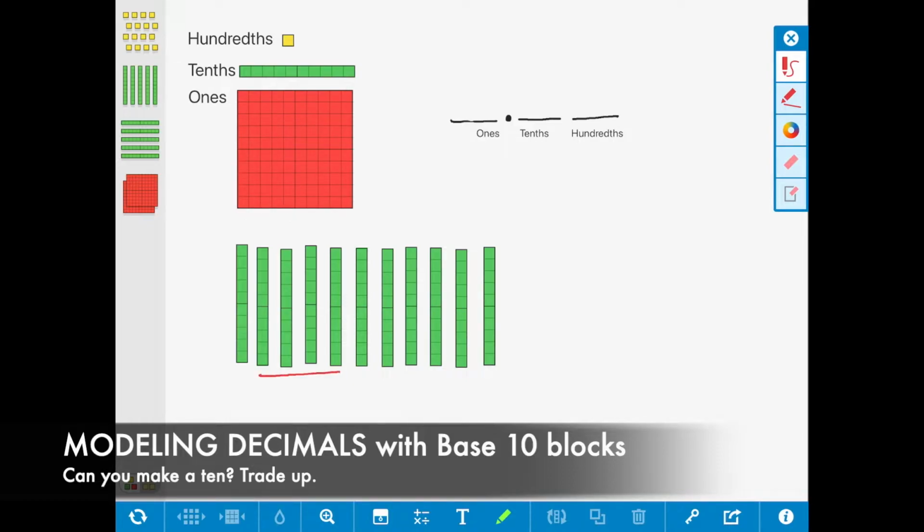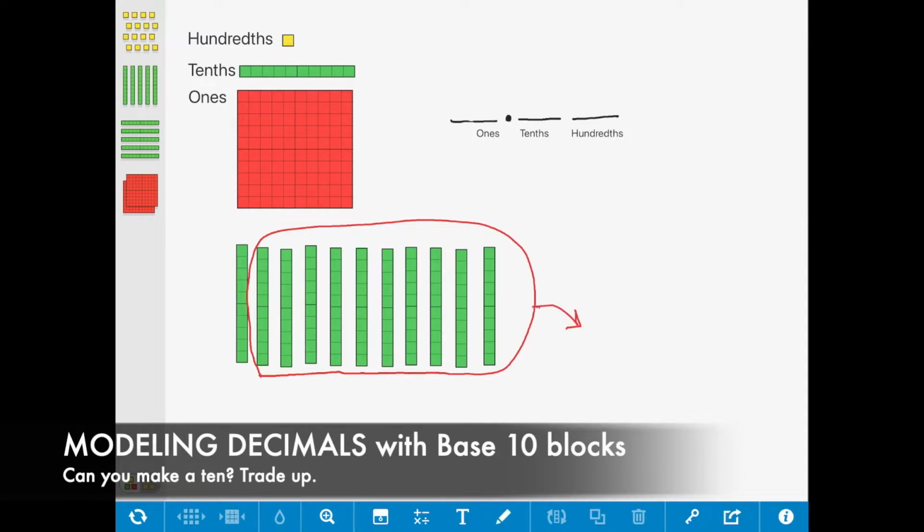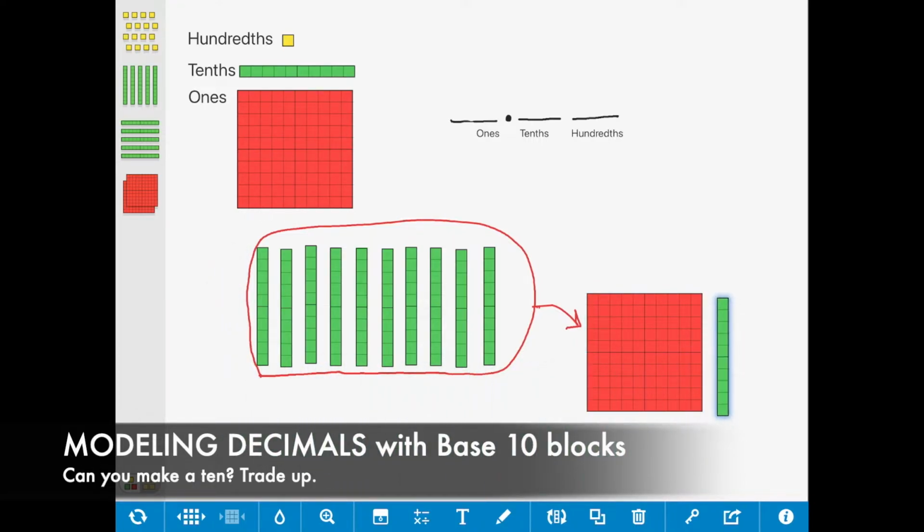1, 2, 3, 4, 5, 6, 7, 8, 9, 10. I have 10 tenths, so I'm going to go ahead and trade that up for 1 flat. Next, I'm just going to slide the extra tenth left over, and now we're ready to write a decimal for 11 tenths.